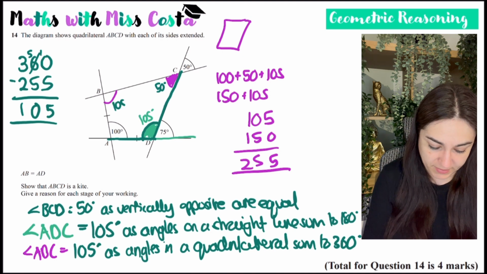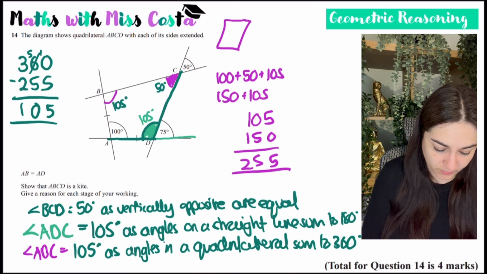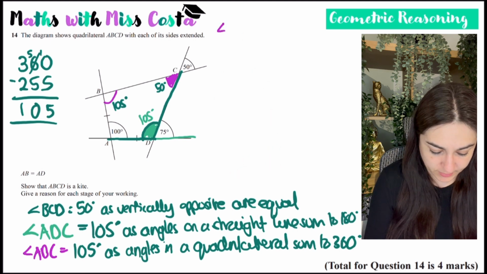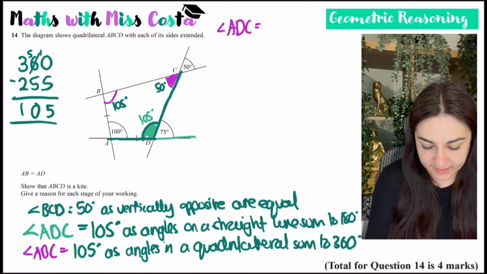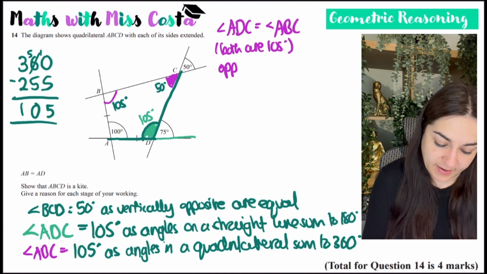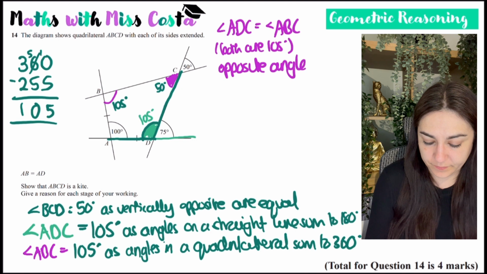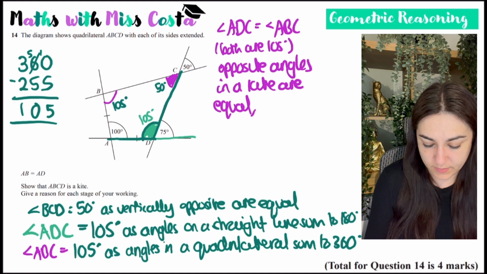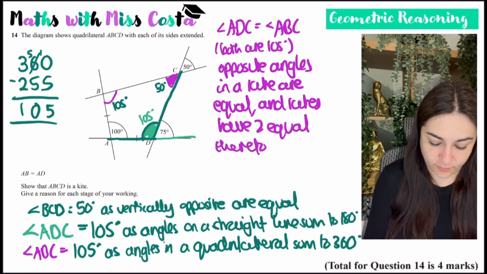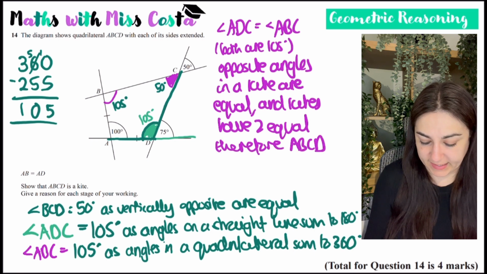So the final mark would be to say that angle ADC equals angle ABC, both are 105 degrees, and opposite angles in a kite are equal, and kites have two equal sides, therefore ABCD is a kite.